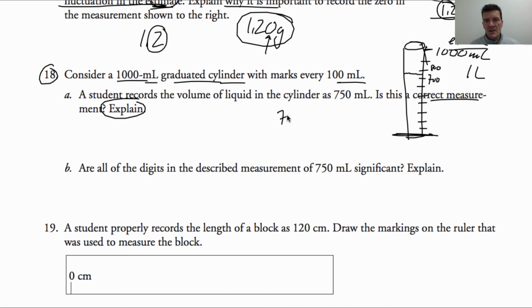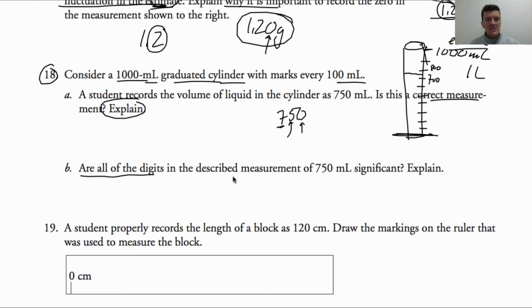So yes, 750 would be a valid measurement. He's certain it is at least 700, and then you're estimating the next digit. The 0 is just here as a placeholder, by the way. That's just so that the 7 and 5 are in the correct location.